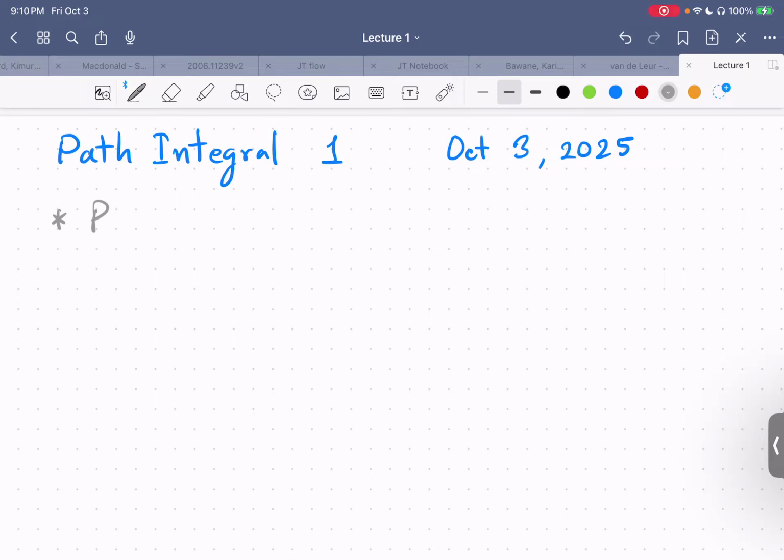So today the plan is to discuss path integrals in quantum mechanics. And the next lecture, I think, is tomorrow. So this may change a little bit, but for now, that will probably be on QFT, but free fields.